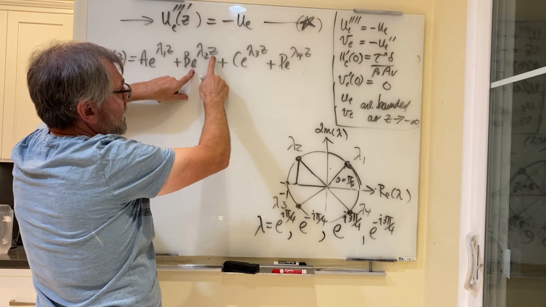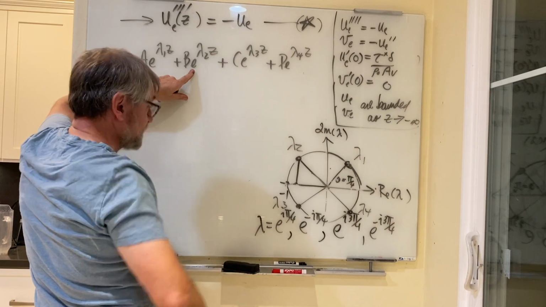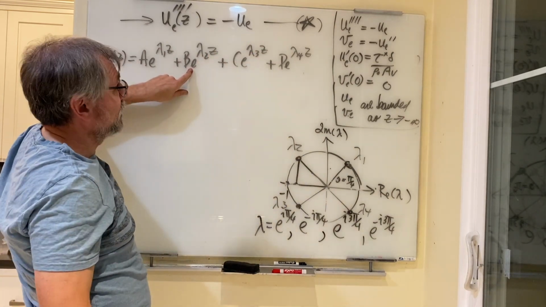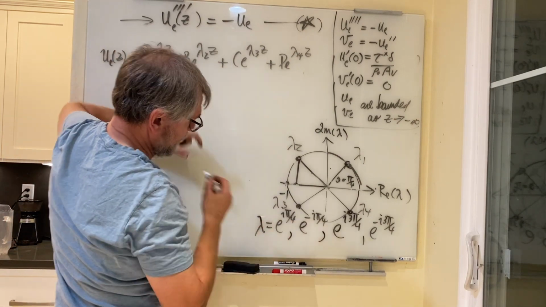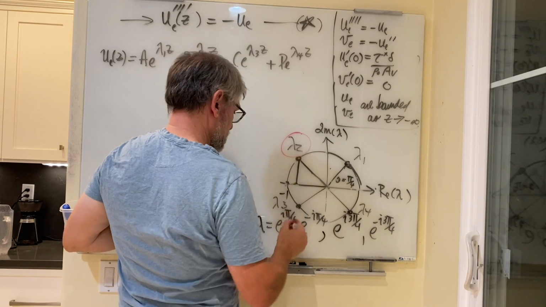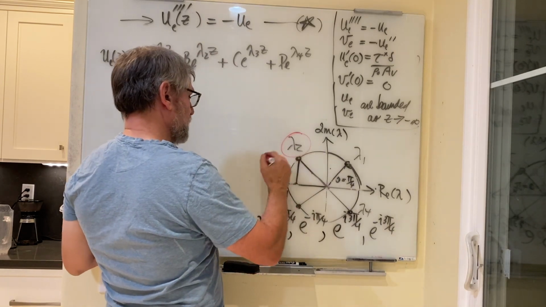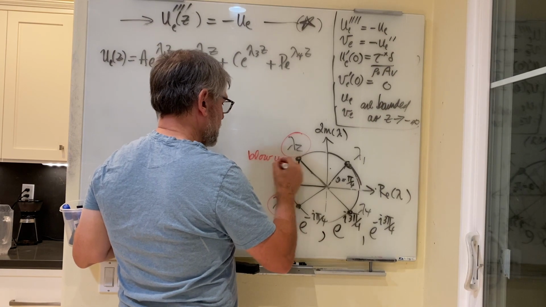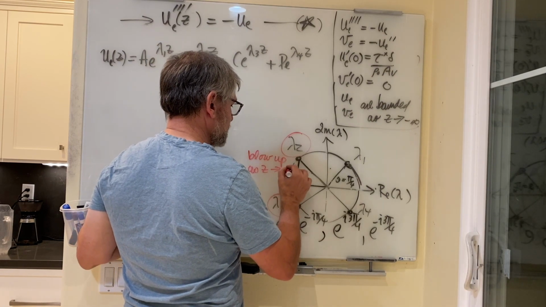And as z gets more and more negative, as I go to minus infinity, this solution and this solution will grow exponentially. So these two roots are not good. They blow up as z goes to minus infinity.